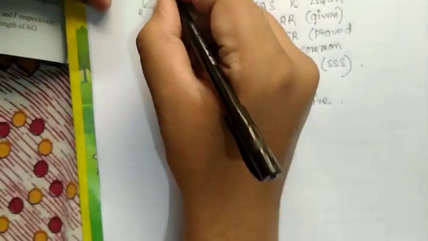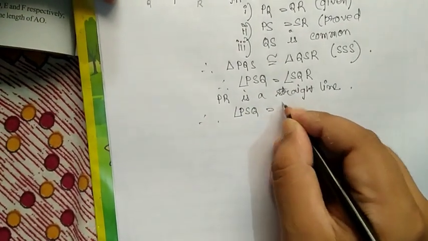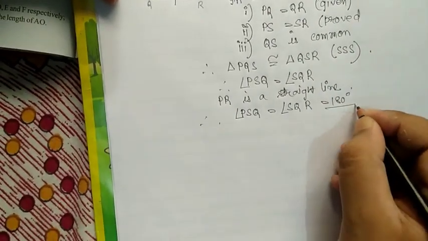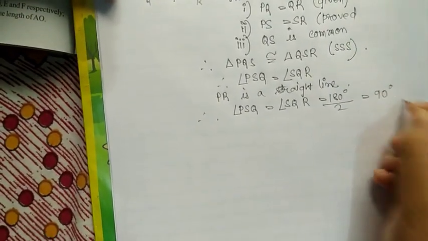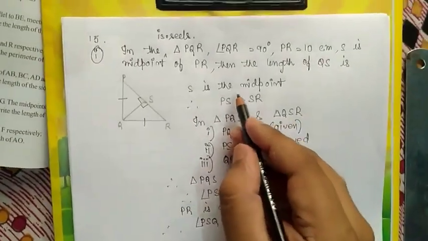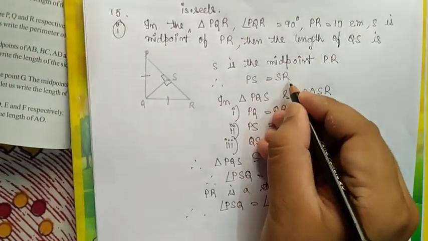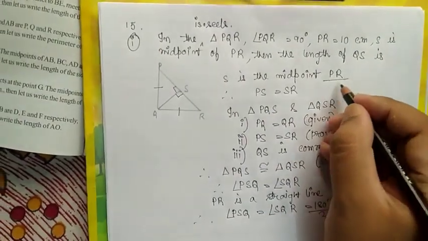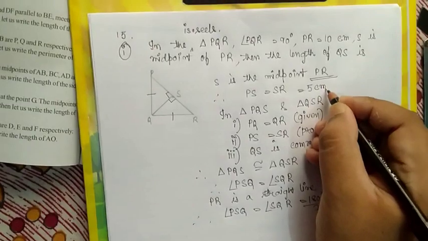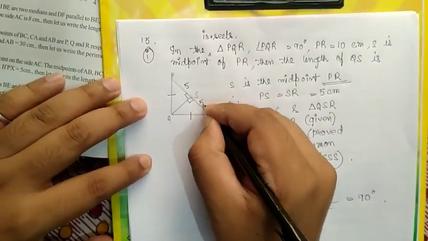So angle PSQ equals angle SQR equals 180 degrees by 2 equals 90 degrees. Now S is the midpoint of PR, so PS equals SR, and PR equals 10 centimeters. Therefore PS equals SR equals 5 centimeters. So this is 5, this is also 5.